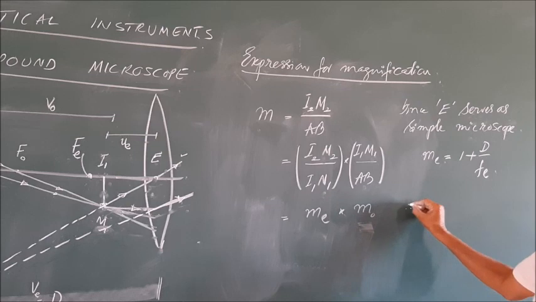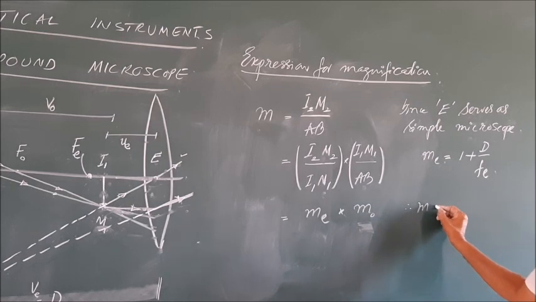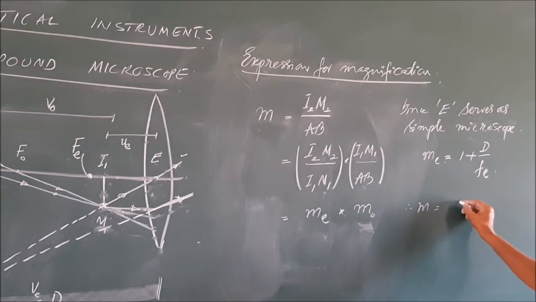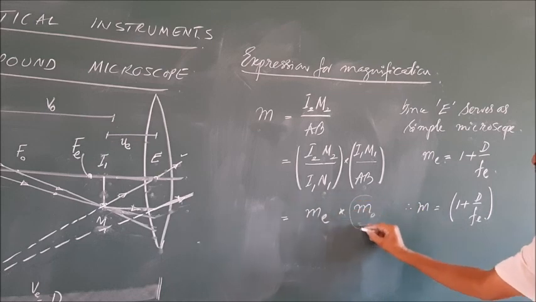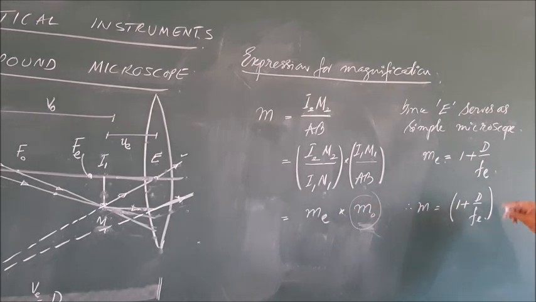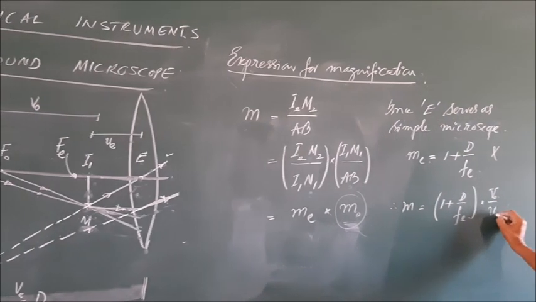Therefore, M is 1 plus D by FE, and MO is VO by UO.